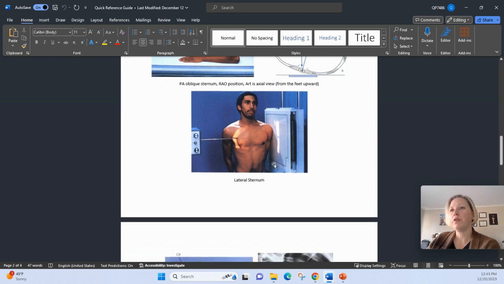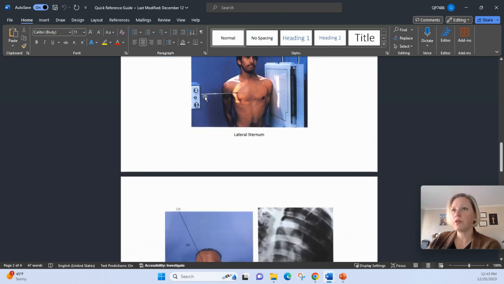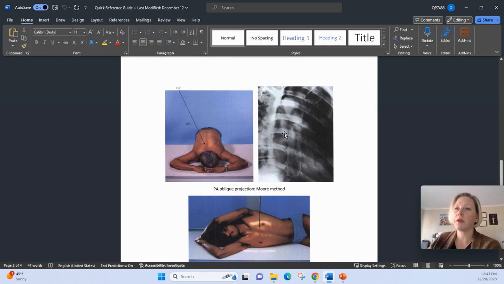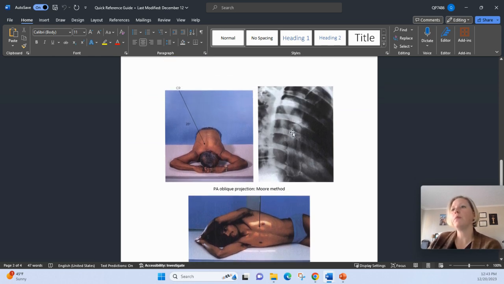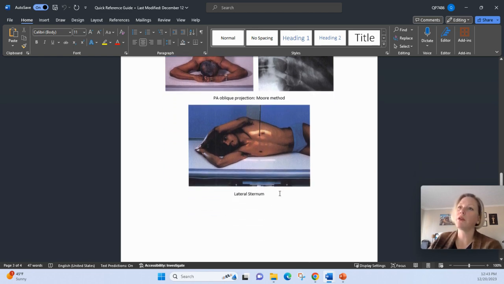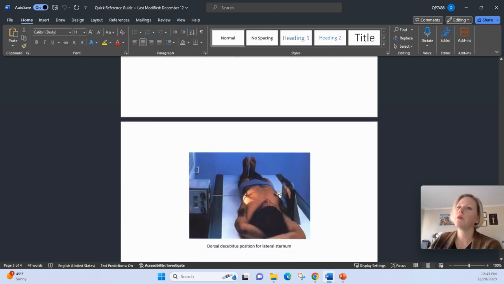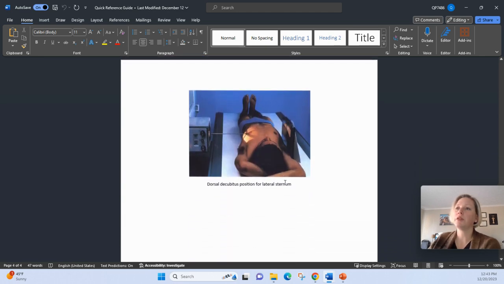All right, and then we have your lateral sternum. So your CR is going to enter at the lateral border of the mid-sternum, of the body of the sternum. And then we have the Moore method, or the recumbent position for the lateral. And here is the dorsal decubitus position.